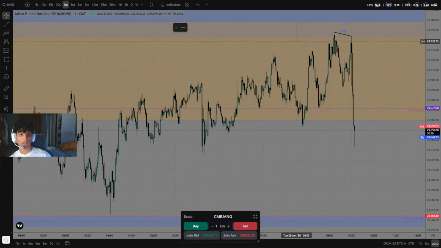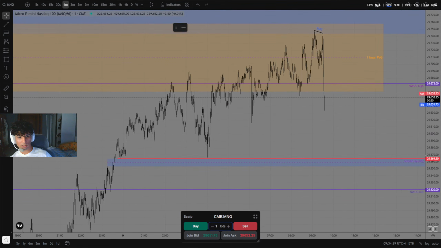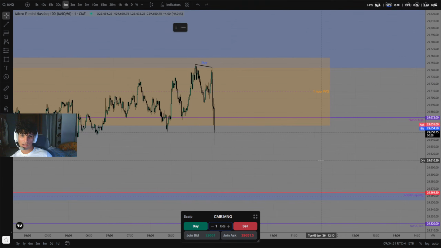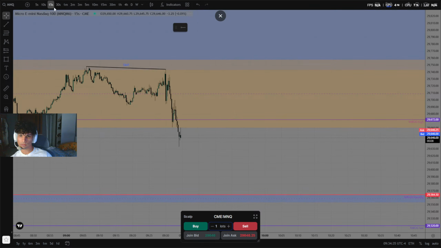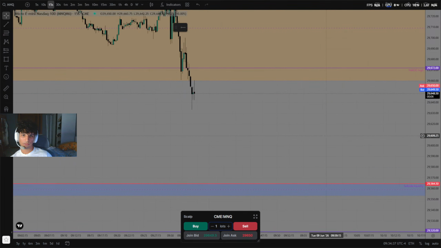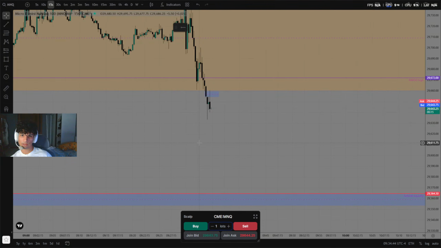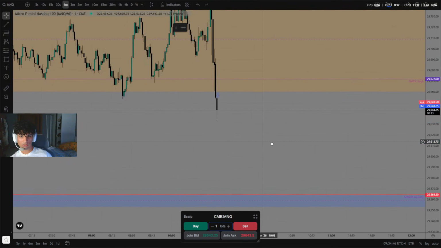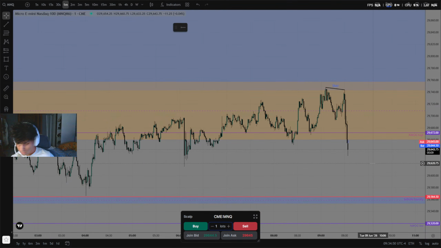As you can see, they respected this fair value gap. They are now inside the new week opening gap, the one that I mentioned. And now we have the 50-second variable gap that has been filled. I'm not going to make a mistake and enter because everything can happen now, and it's just 4 minutes.